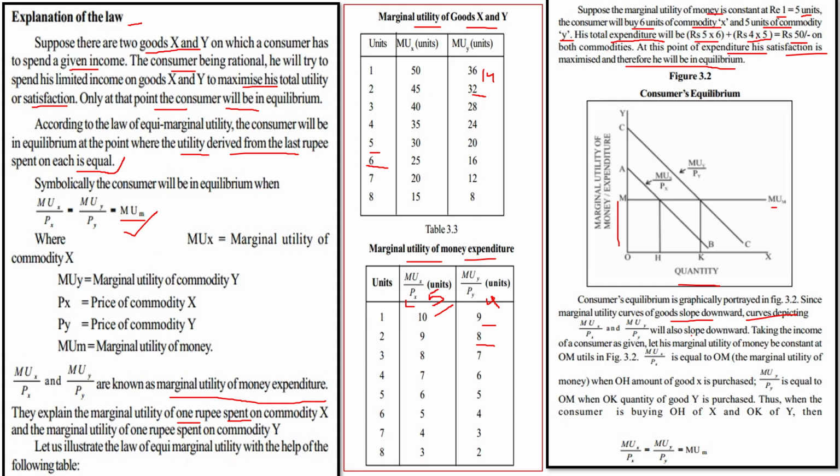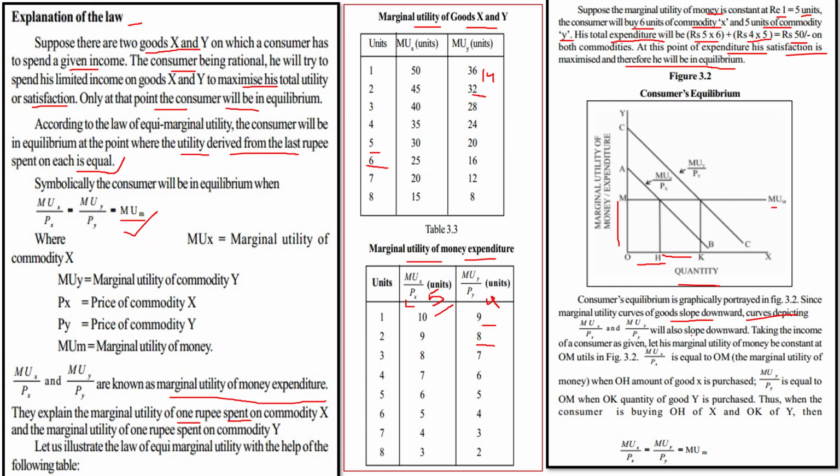Here OH amount of good X is purchased and an equal OK quantity of good Y is purchased.